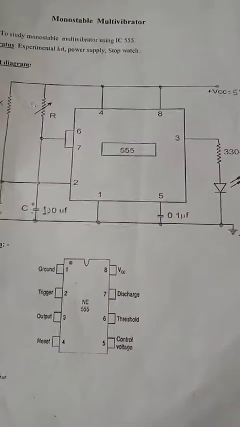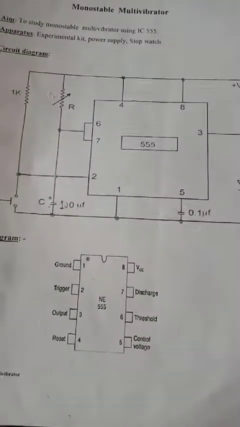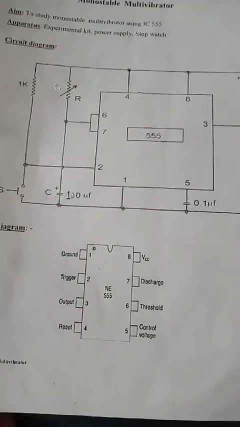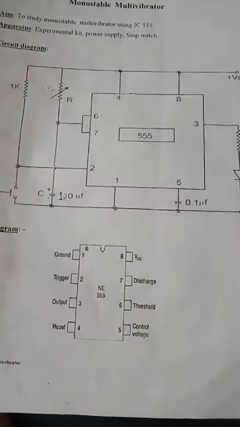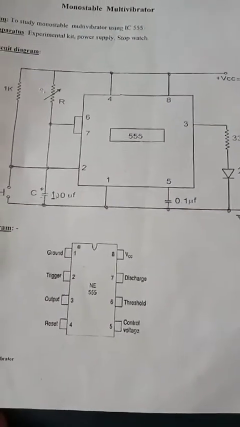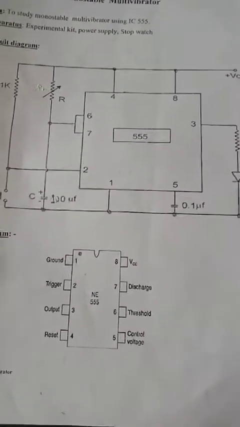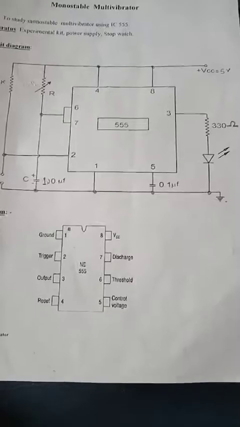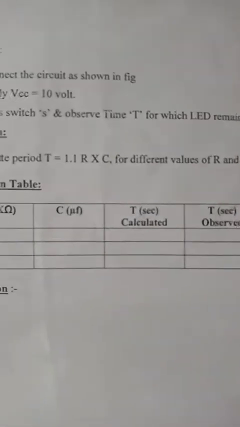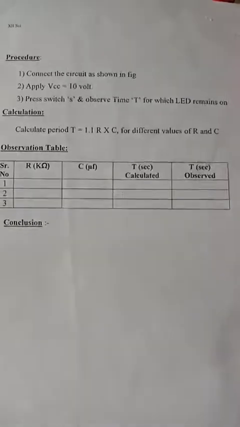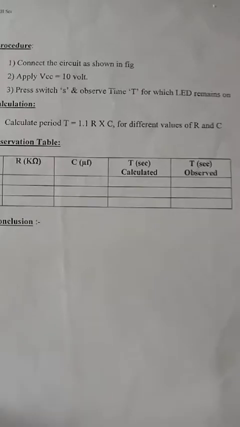This high state output depends upon the value of resistance R connected to pin number 6 and 7 and the value of capacitor C. The formula for the time interval T is T is equal to 1.1 R into C. That is the time for which the LED is on at pin number 3.